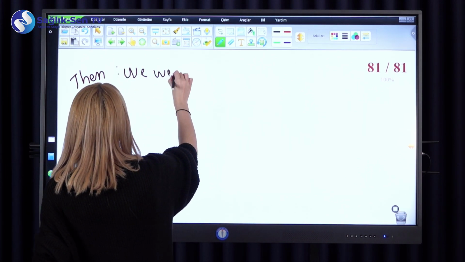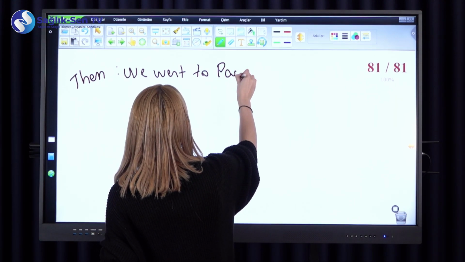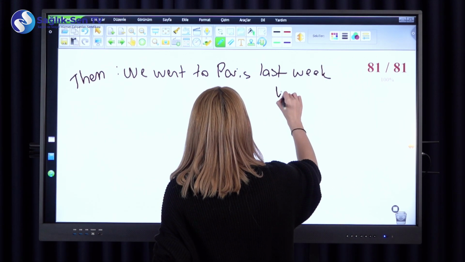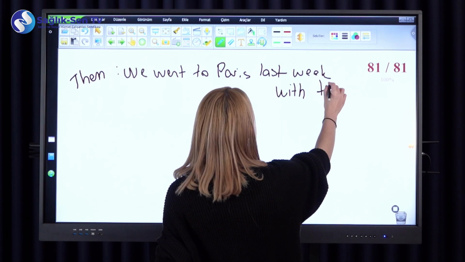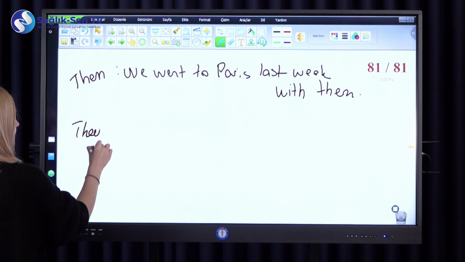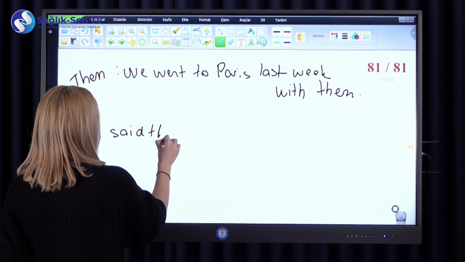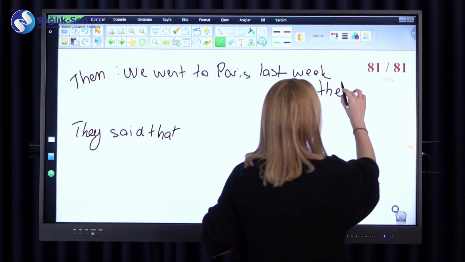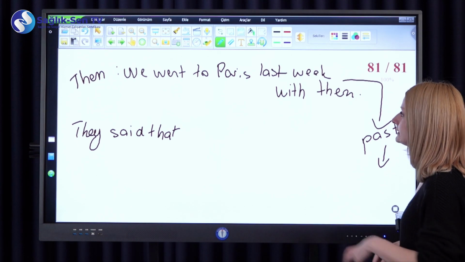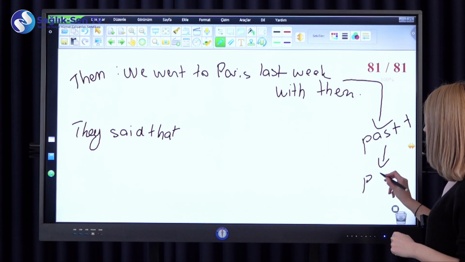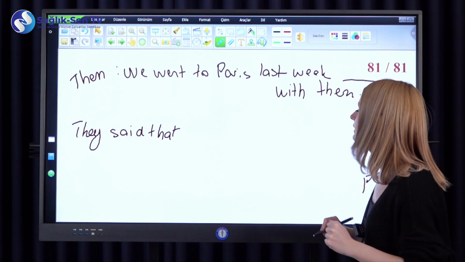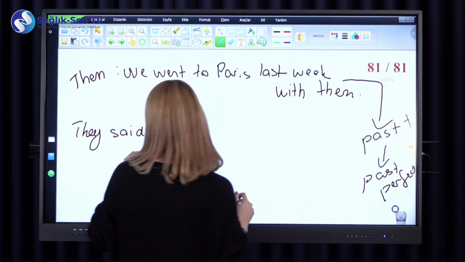We went to Paris last week with them. They said that. The tense of this sentence is past, and I will be using past perfect while rewriting it using reported speech.